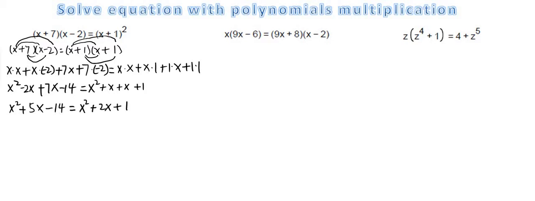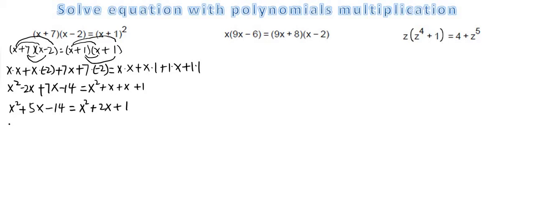As we can see, for the right hand side, we have 2 x terms. One is x squared and one is 2x. And we want to remove all of them from the right hand side. So what are we going to do?